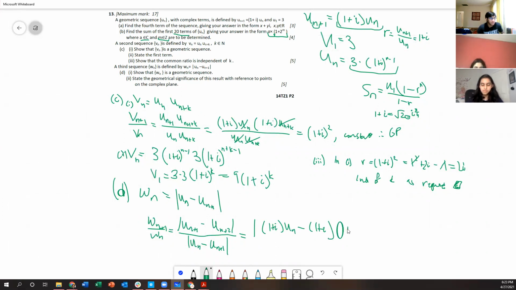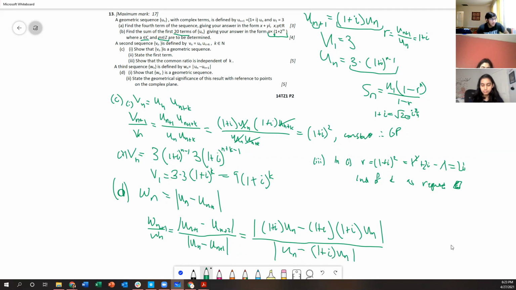This will be 1 plus i times Un, and then all of that over Un, I'll just leave it in the form Un, because I think the Uns will cancel eventually. Un minus Un plus 1 is just the formula up here, which is 1 plus i Un.